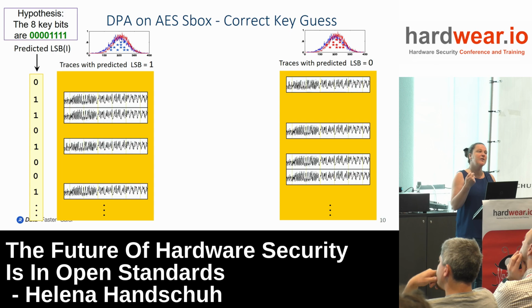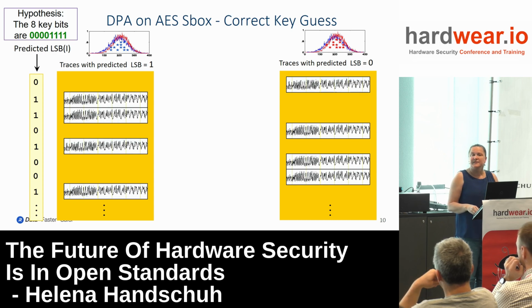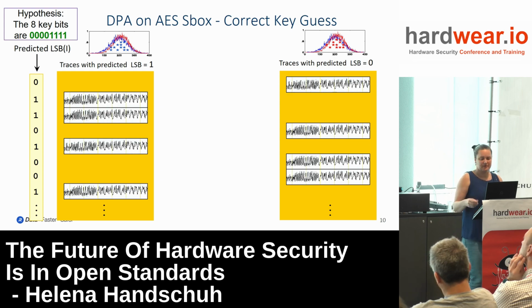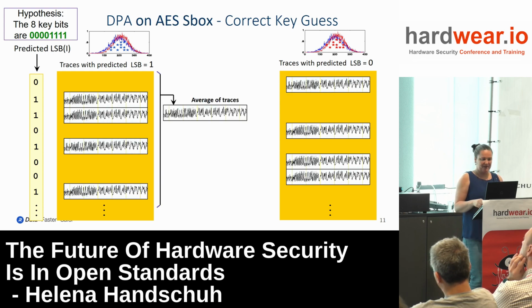So you know exactly what the output will be once you've guessed the key. Now you can take all your power traces from different input data sets and sort them according to whether that predicted output bit of the first S box is 0 or 1. You sort them into 2 buckets.